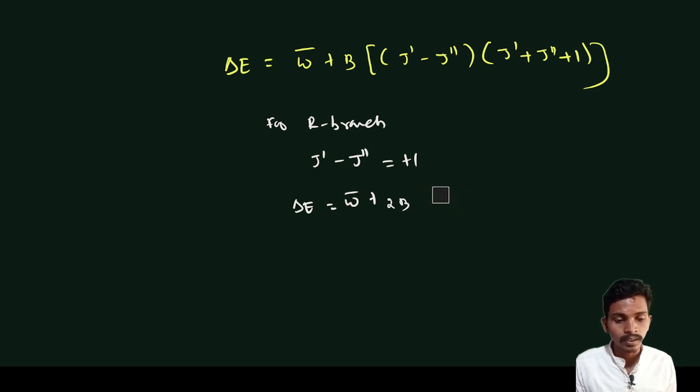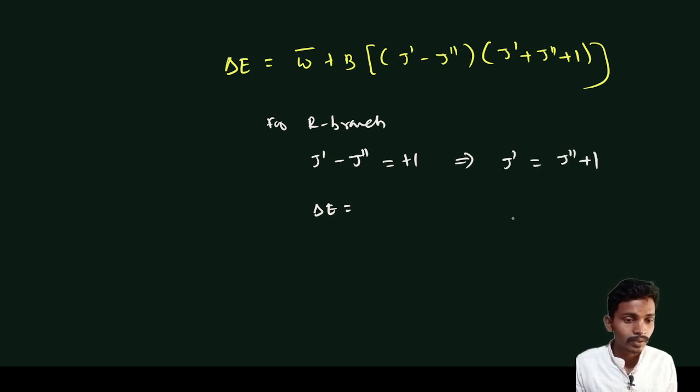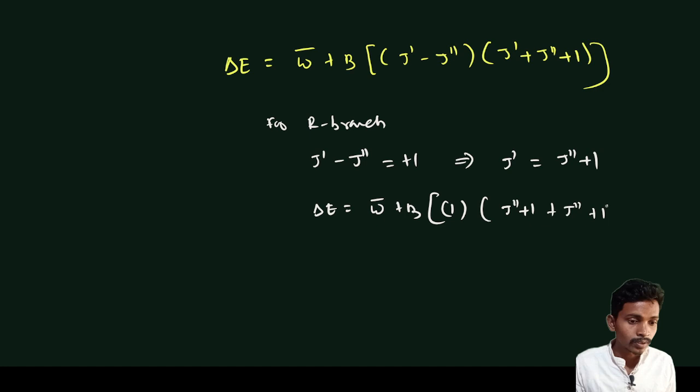How do we get that equation? We say delta E, whenever we put J dash minus J double dash equal to 1, then J dash equals J double dash plus 1. If I put all these in, I get omega naught plus B, times 1, times J double dash plus 1 plus J double dash plus 1.